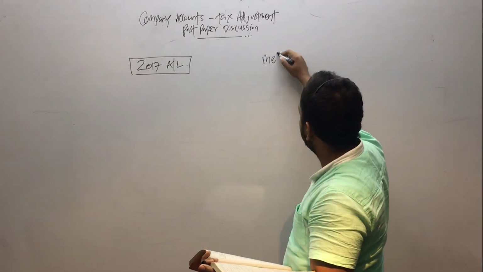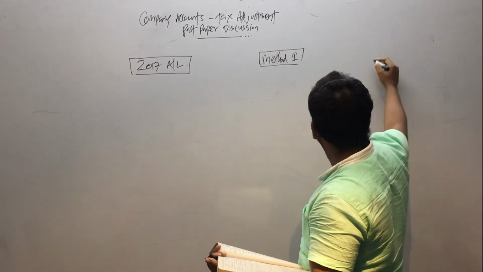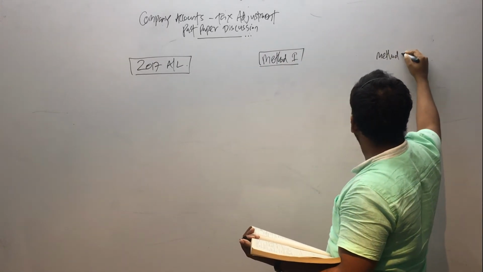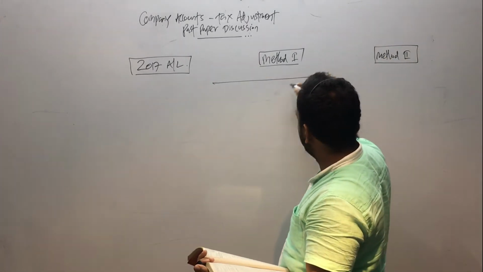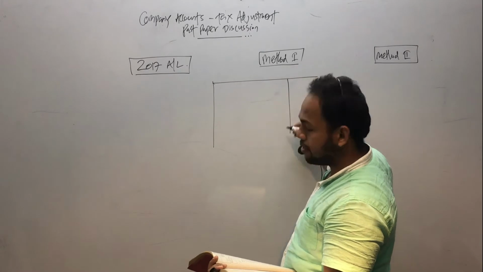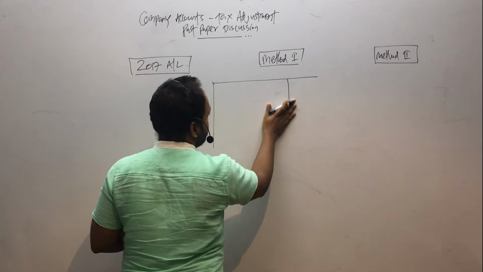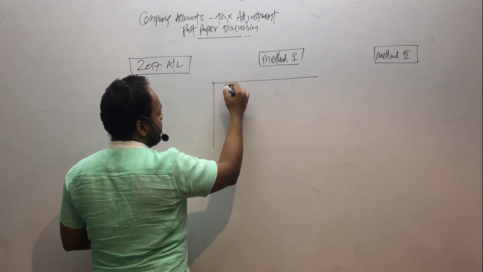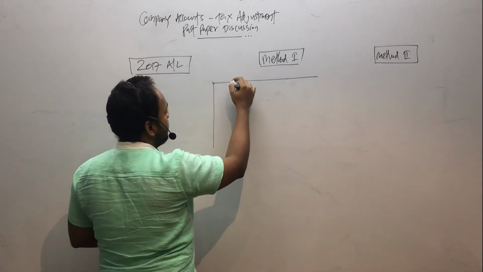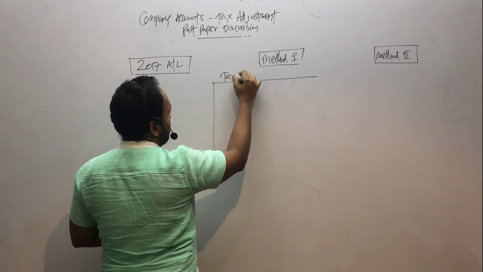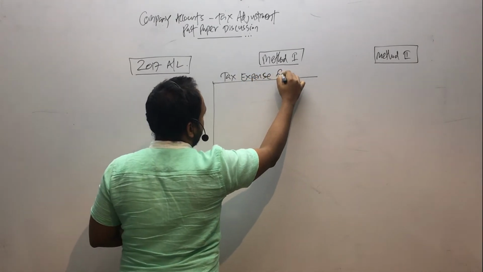Right? Method 1 and method 2. So in method 1, we are using statements to calculate. There will be two statements required. One is to calculate the tax expense for the year.